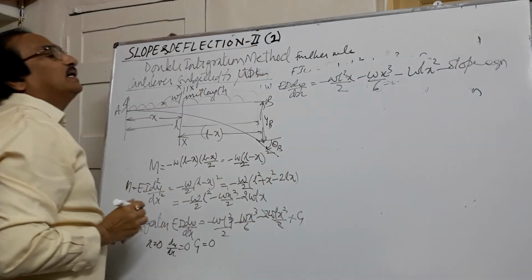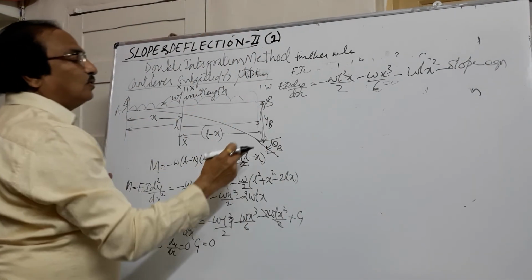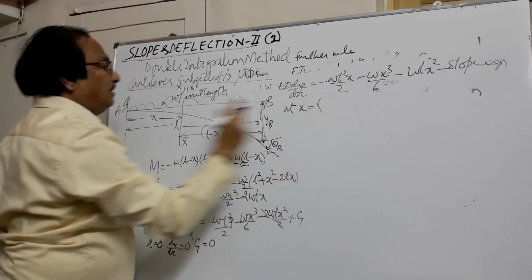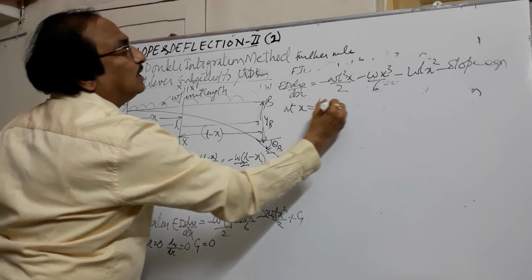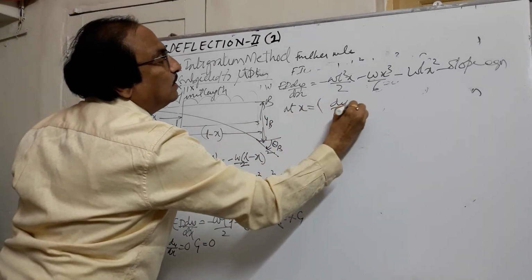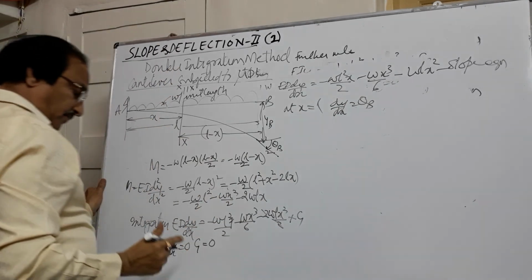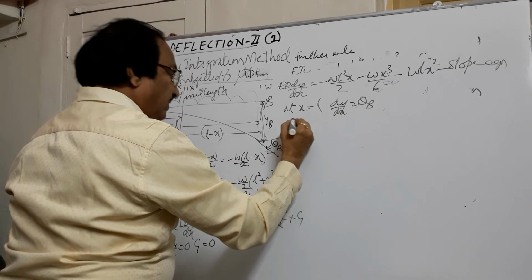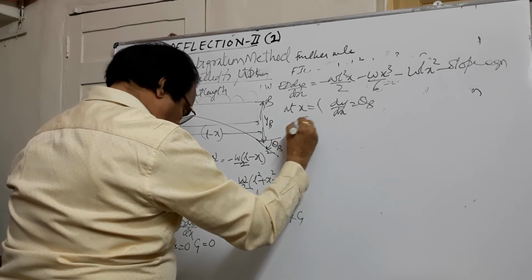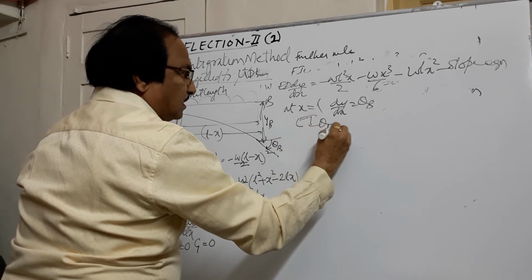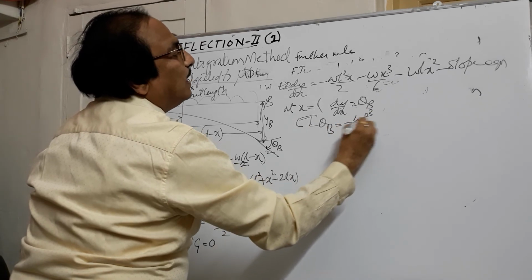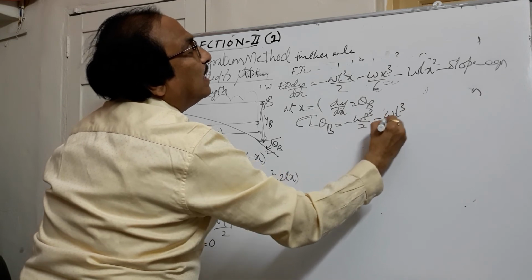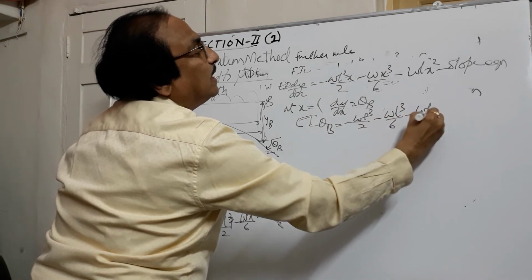You can find out slope at any distance x. Suppose I want to find out the slope at B, so at x is equal to L, dy by dx will be equal to theta B. If I substitute this value in the slope equation, we get EI theta B is equal to minus WL cube by 2, x is L, minus WL cube by 6 minus WL cube.